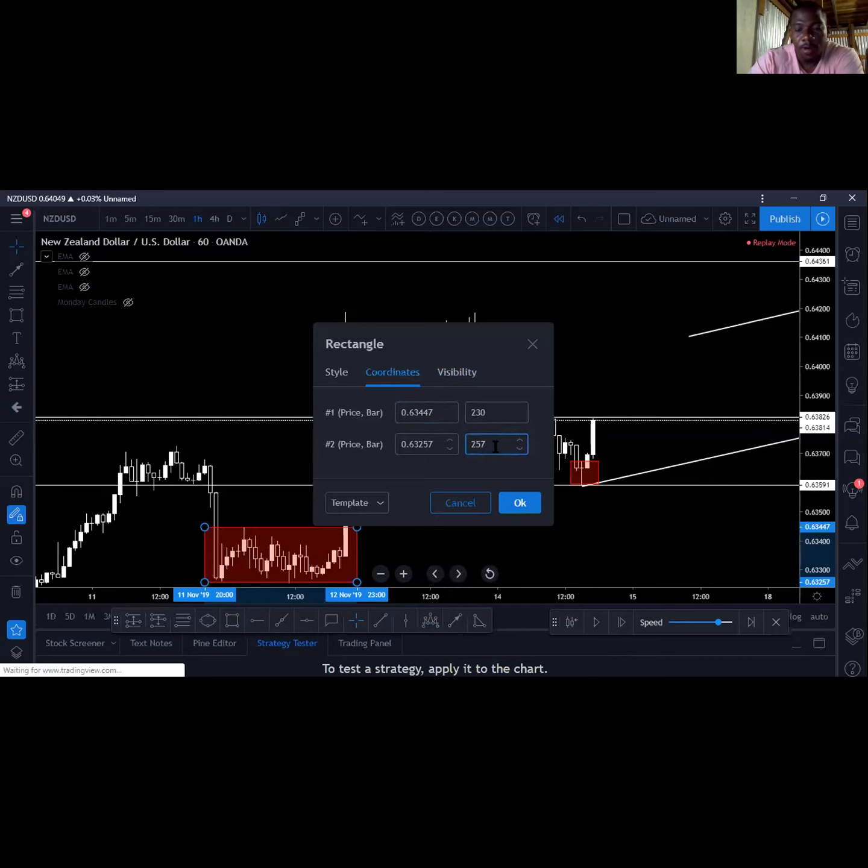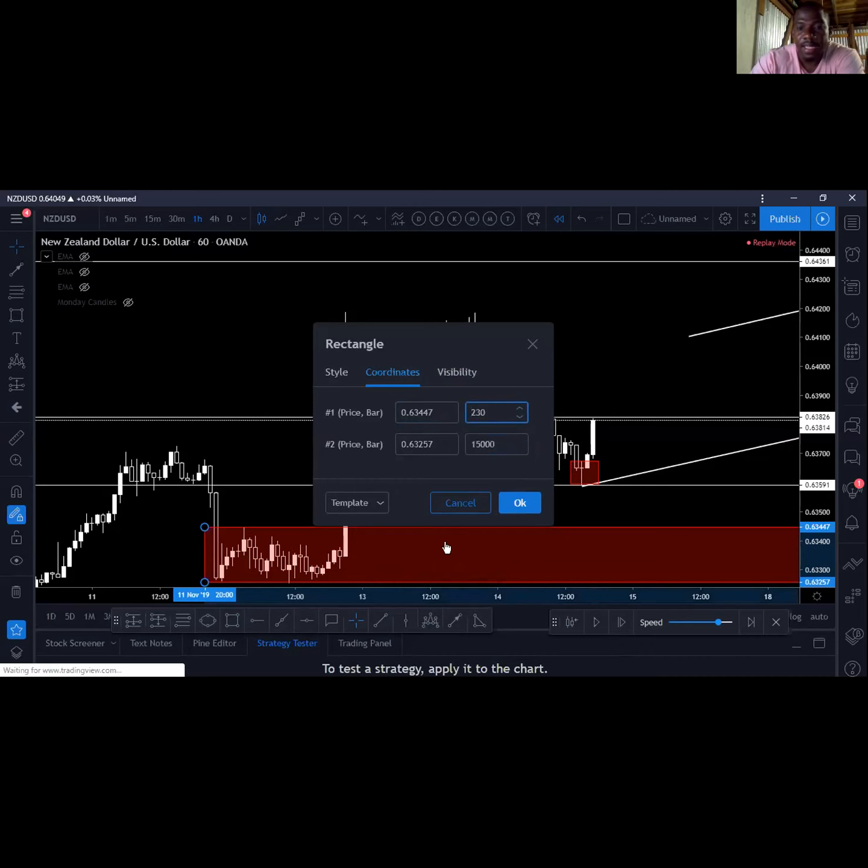On this bottom number, it would add zeros, making the number bigger, and the same at this top number. When I add the zeros, you see the rectangle extends out and identifies my zone. So if price comes back down in the future and hits my zone, I would tell myself, let me look for an engulfing candle in the opposite direction and probably look to enter a buy trade. Everybody following so far?